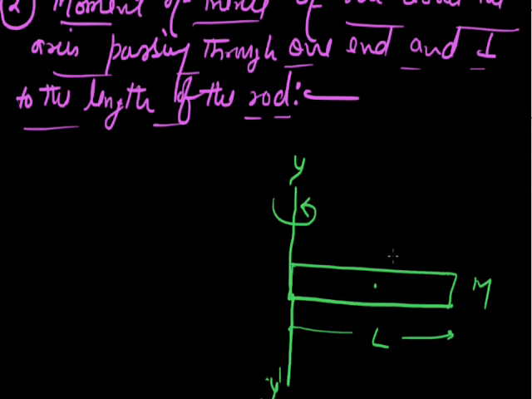The midpoint of the rod, we can also say it is G, with the axis perpendicular to the axis of rotation and passing through the midpoint of the rod. This perpendicular distance will be L by 2.